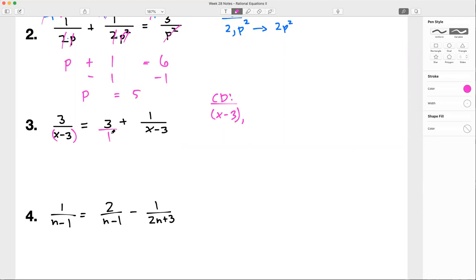We always assume that things are multiplied by 1 because really they are. But that's it. We've got our x minus 3, and that's it. So what's going to happen here is you put this 3 over 1 so that it looks like a fraction, okay? And we're going to just multiply everything by this x minus 3.